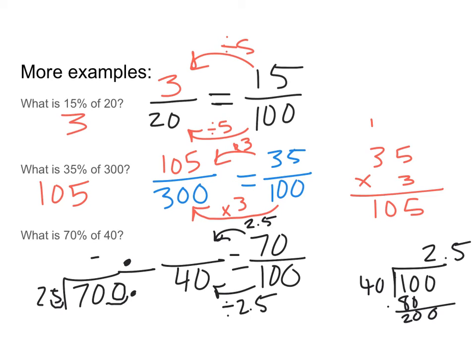Well, I think it goes in twice because 3 times would be 75, and that's too much. So that's 50. And then we get another 0. And 25 goes into 100 4 times, so it must go into 200 8 times. So 70% of 40 is 28.